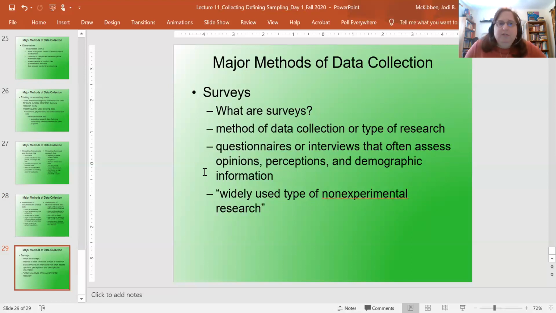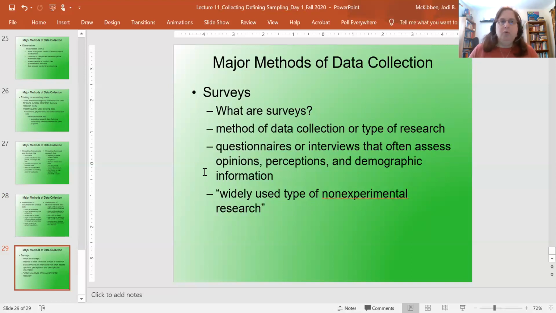If you're talking about a method of data collection, it's typically questionnaires or interviews that often assess opinions, perceptions, and demographic information, right? By demographic information, we might mean things like gender and age and race and all that sort of stuff. In addition to being questionnaires or interviews, it also refers to a widely used type of non-experimental research.